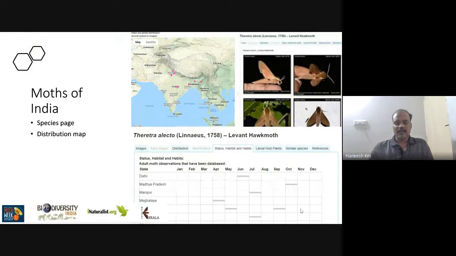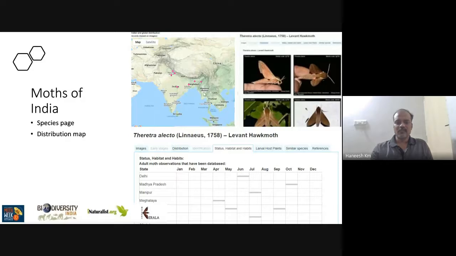Another advantage of these citizen science forums is that you can easily get data visualization. You can get the distribution. You can see this is for a particular hawk moth, Theretra alecto, and how it is distributed across India.